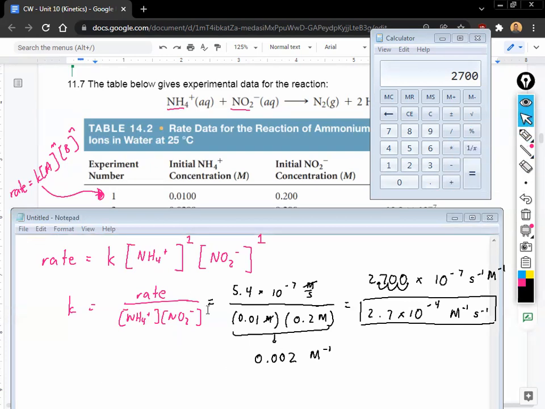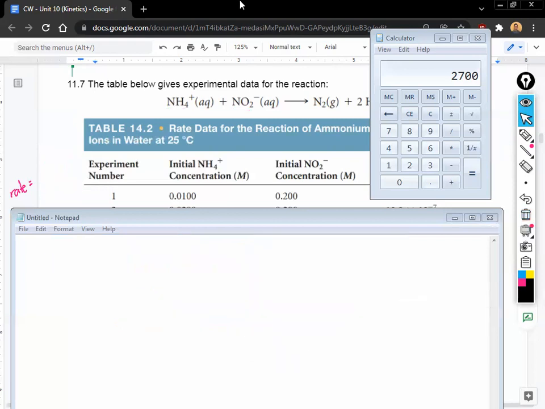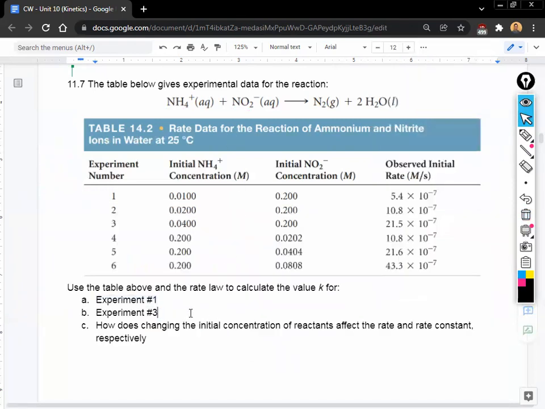So this is going to be the answer for A. I want you guys to try B now on your own, okay? I want you to do the same thing for experiment number 3. And again, try to get the units of measurement as well.